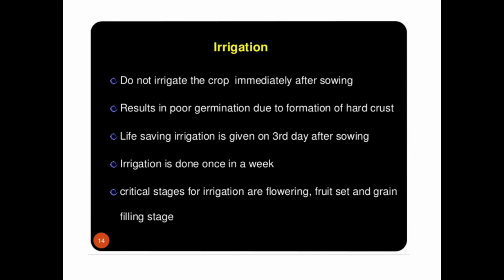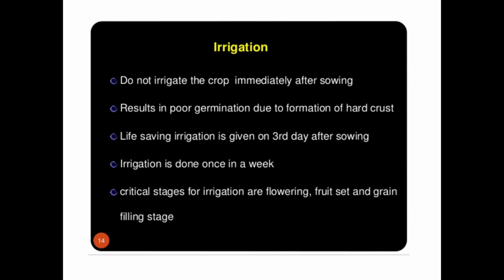Do not irrigate the crop immediately after sowing, as it results in poor germination due to formation of a hard crust. Life-saving irrigation is given on the third day after sowing. Irrigation is then done once in a week.